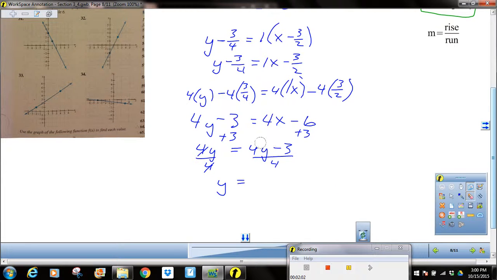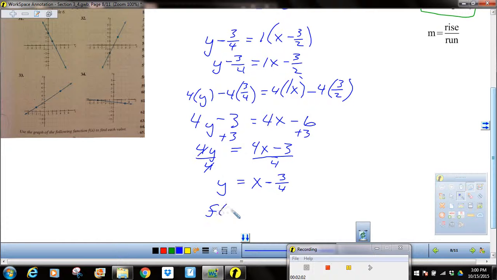Got a little confusion on the variable there. Four x divided by 4 is 1x minus 3/4. Function is f of x equals x minus 3/4.